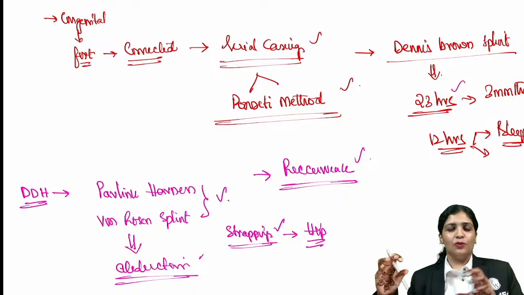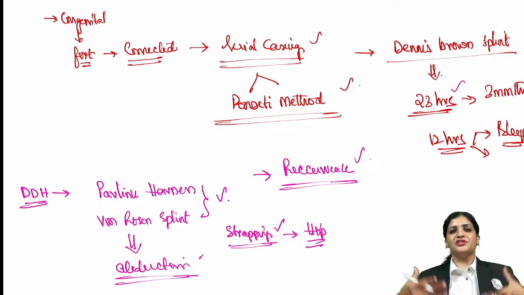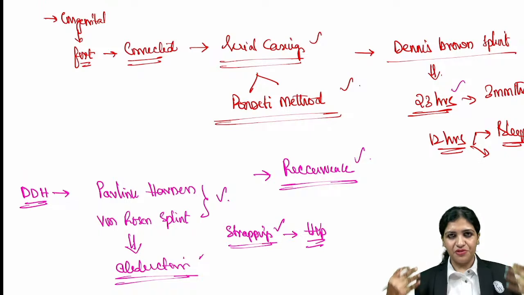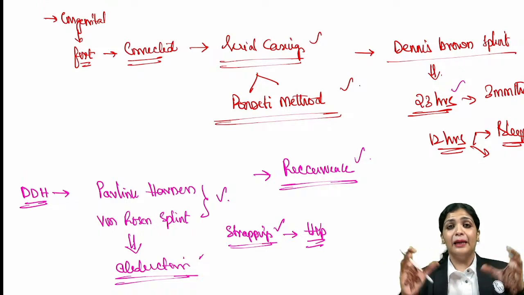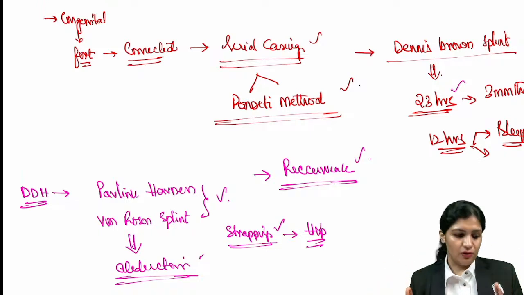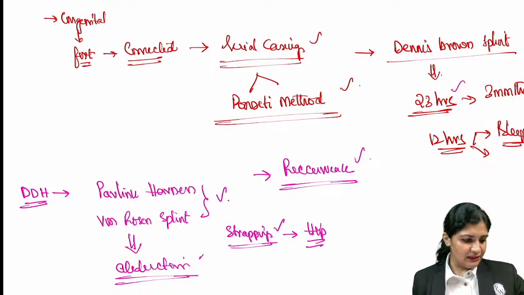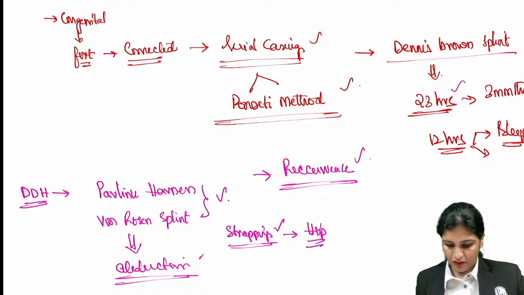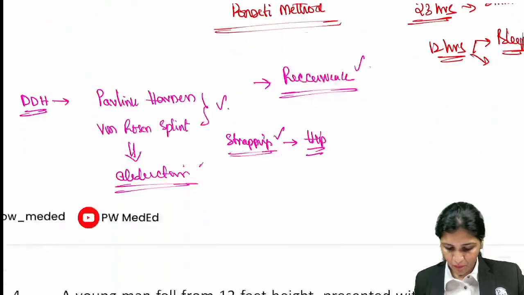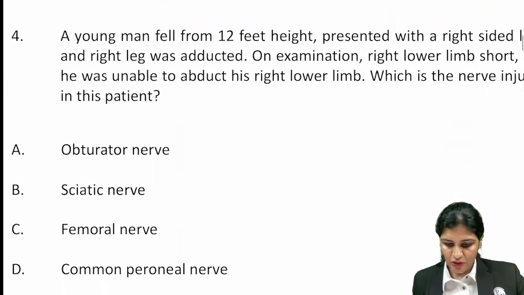So this splint is seen only in the foot, and if you see the splint extending over the body, with the help of straps putting the hips into abduction, that is your von Rosen splint, right? So I think I have answered the query of DK. Now let's move on to the next question.